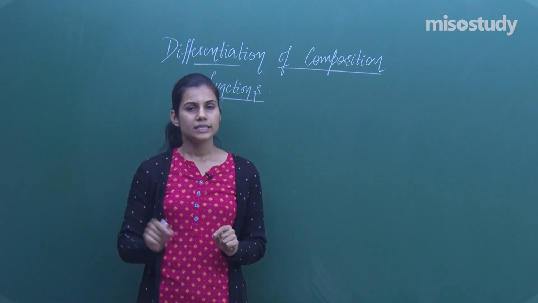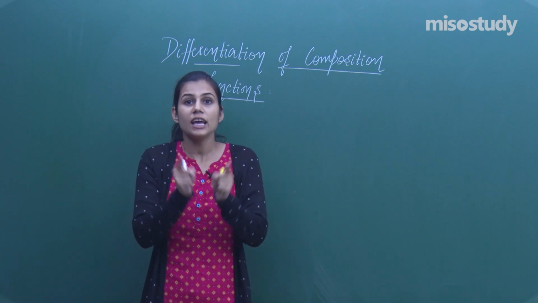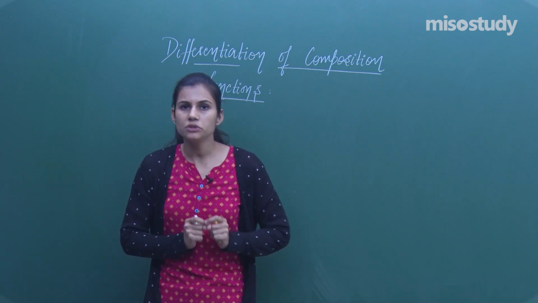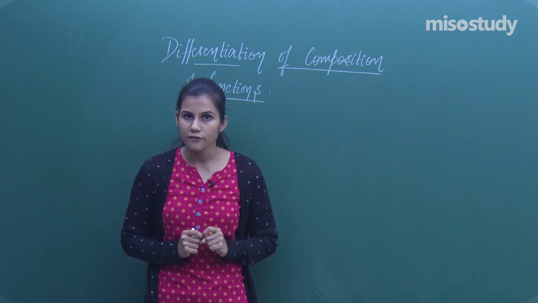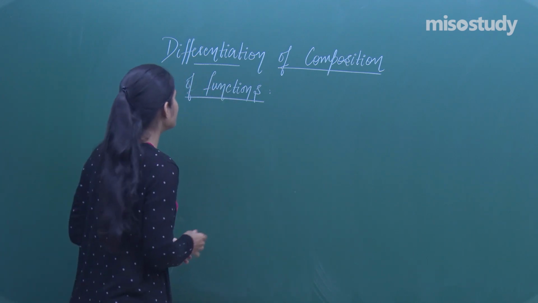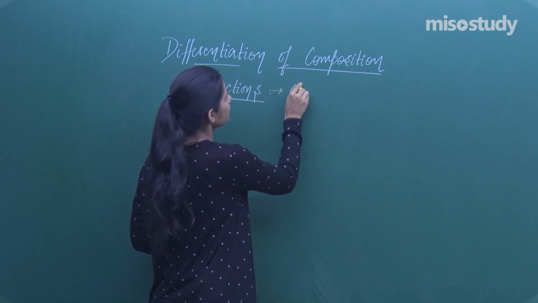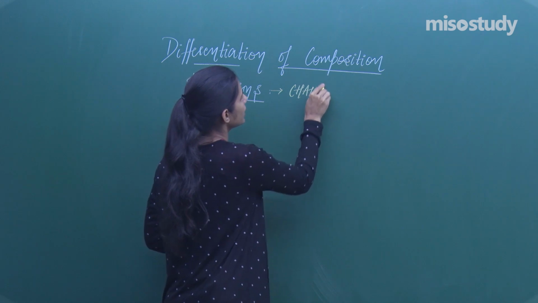What I'm trying to say is, if f and g are two differentiable functions individually given to you such that f o g exists, what can you say about the differentiability of f o g is what we are going to study here.